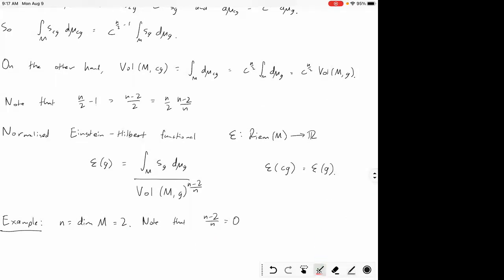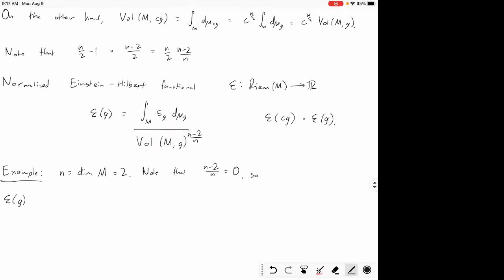So this exponent here is 0, so the bottom line is just 1. So if we take any metric on a closed surface, then the normalized Einstein-Hilbert functional is just given by the integral of the scalar curvature. Right? The denominator is just 1.